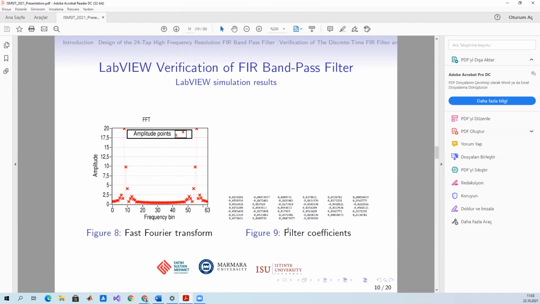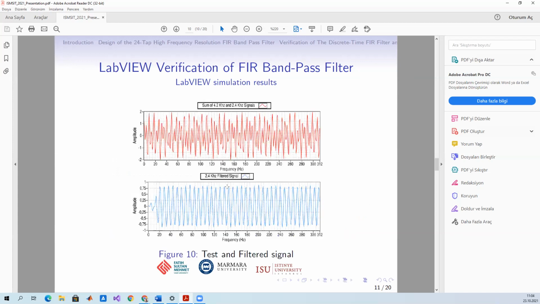And I tried to give the filter coefficients here, and I use these coefficients in the VHDL program. I used LabVIEW to take the filter coefficients because we didn't try to take them using VHDL, since it's very difficult and time consuming. So we chose LabVIEW.